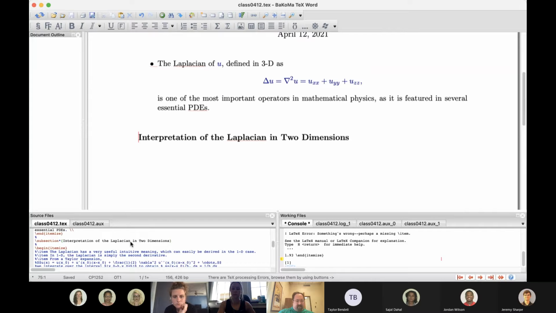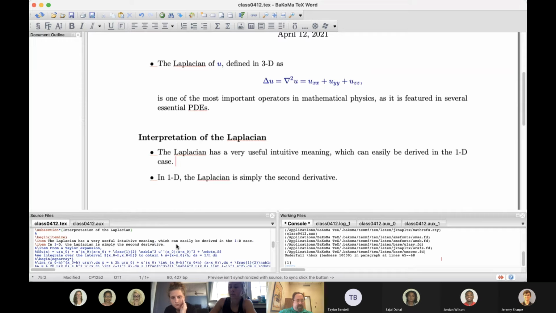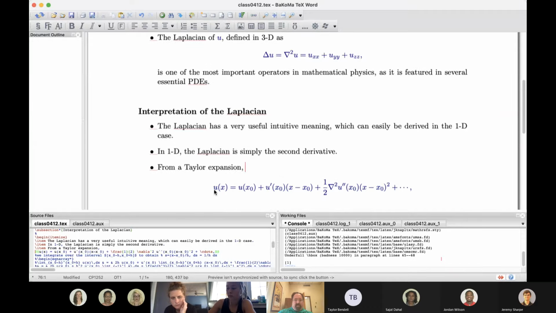Actually, it's not just about 2 dimensions. All right. Now, for the simplest case of 1 dimension, where it's just, as I mentioned, uxx. If I take a Taylor expansion of a function u of x around some point x naught, we just have the first few terms right here.